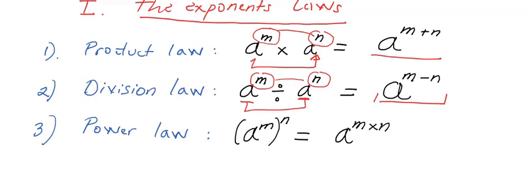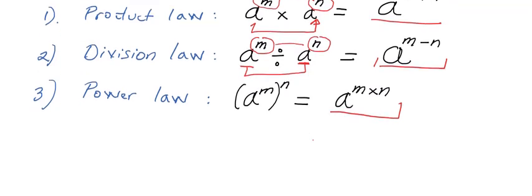This is the simplification of that expression. Now, as you see, for exponent laws we only have 3 basic laws, but we have other properties that we're going to look at now.